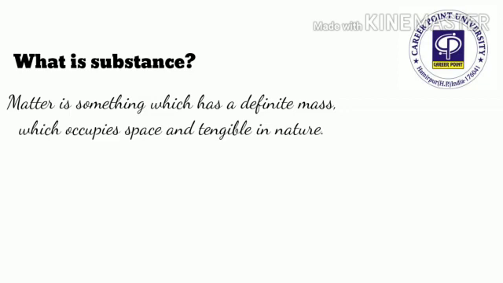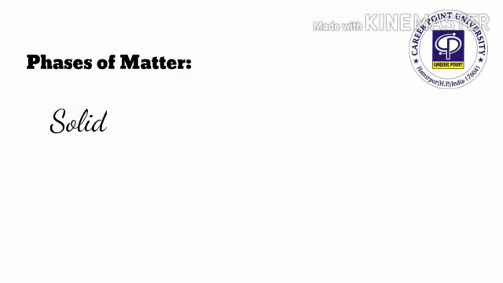Matter is all around us. Generally, there are three phases of matter. The first one is solid state of matter, the second is liquid state of matter, and third is gases. Liquid, solid, and gases occupy space and their weight symbolizes that they have some specific mass.